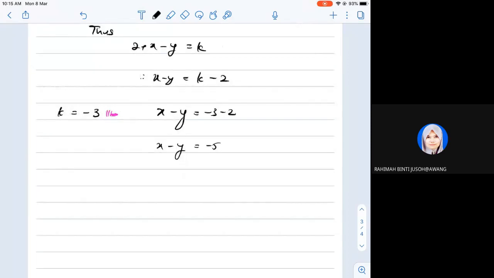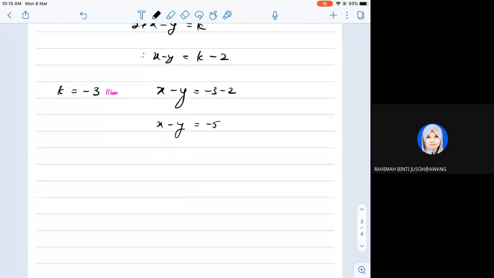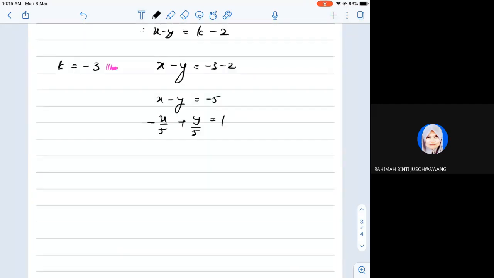So macam mana nak senang lukis ni? Kita dah belajar intercept form last week, isn't it? So by using intercept form, this is equivalent to negative x over 5 plus y over 5. Kenapa plus? Buat negative kan? Equals to 1. So that's the first line lah.